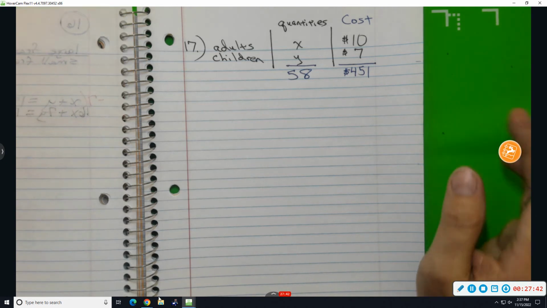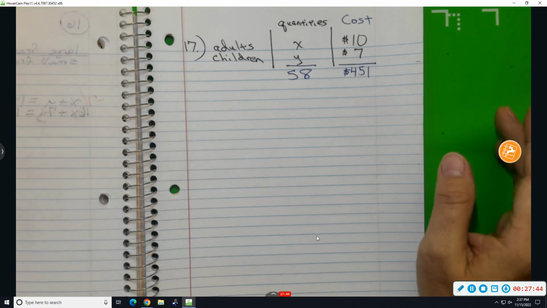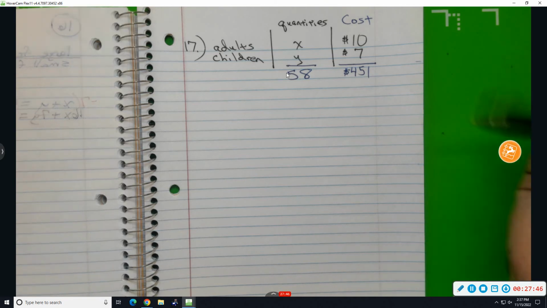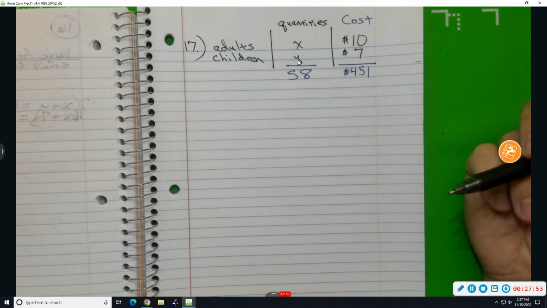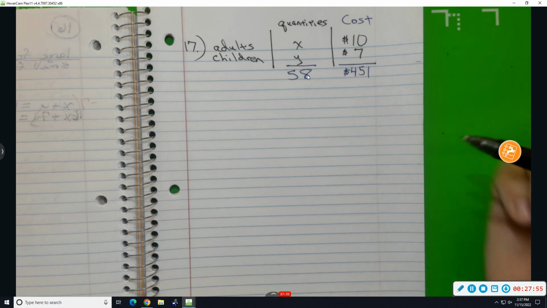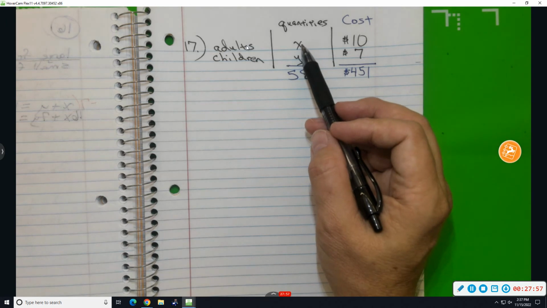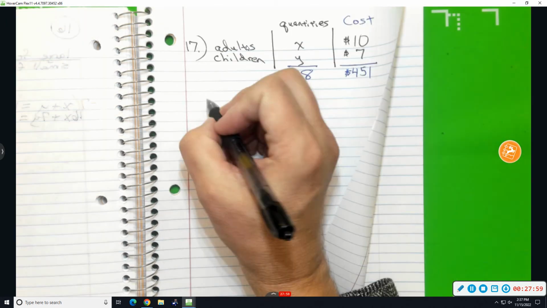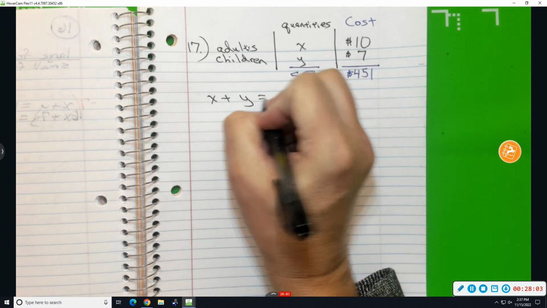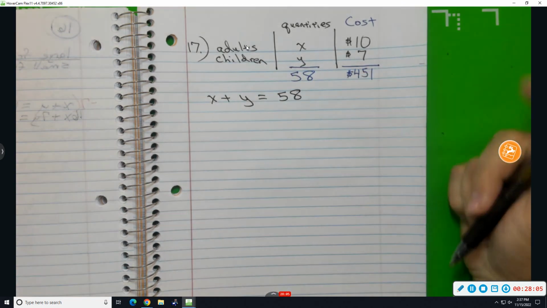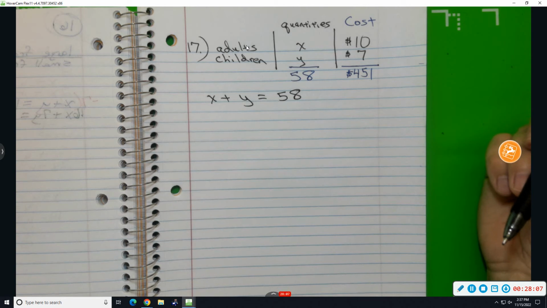Give me one equation. Let's have an equation involving the quantities. X plus Y equals 58. So there were X adults and Y children, so if you add them up, it better equal the number of people that were in that theater. 58 tickets were sold.